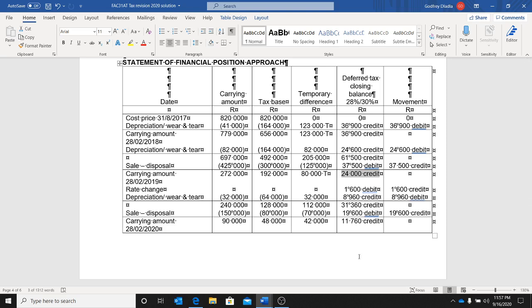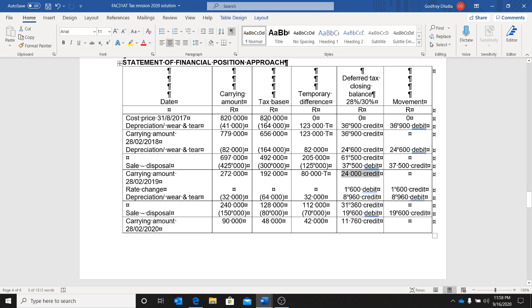Now the change there is from 30 to 28. So the difference between 30 and 28 is 2. So you say 2 divided by 30, meaning the base, times 24,000. It gives you 1,600.